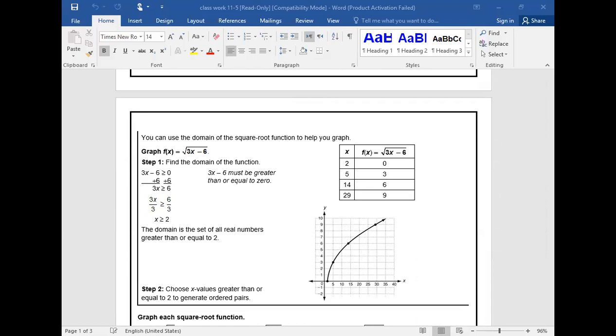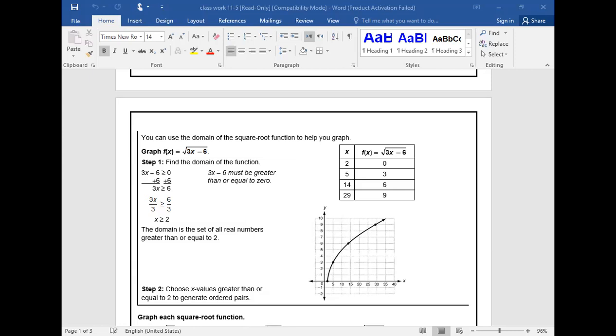You can use the domain of the square root function to help you graph. Say I want to graph f of x equals square root of 3x minus 6. You will take 3x minus 6 greater than or equal to 0, because we are looking for the domain. Then we add 6 to both sides, so 3x is greater than or equal to 6. Divide both sides by 3, then x is greater than or equal to 2.